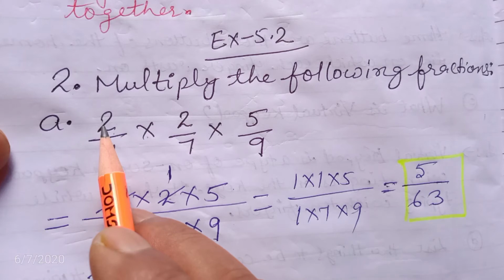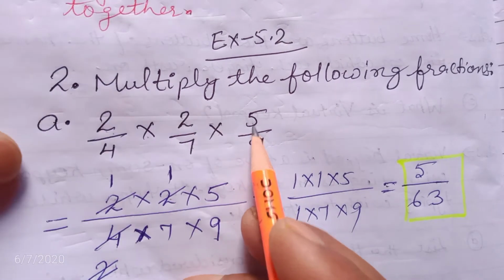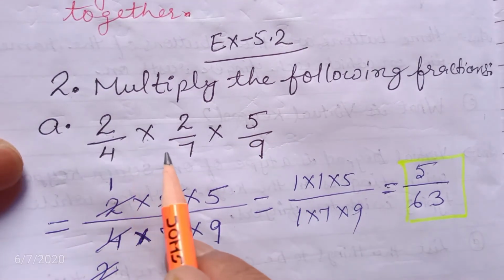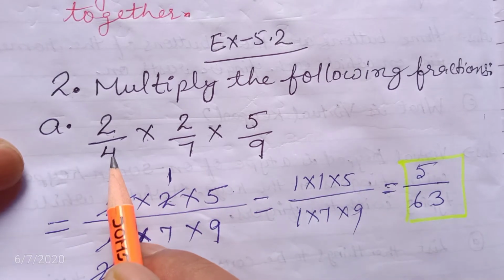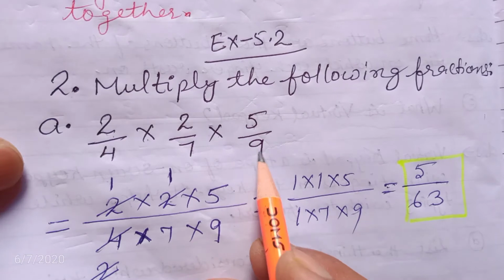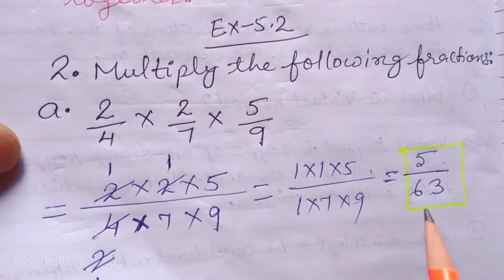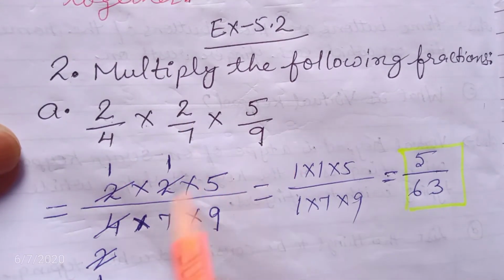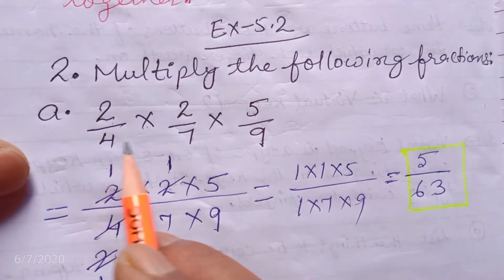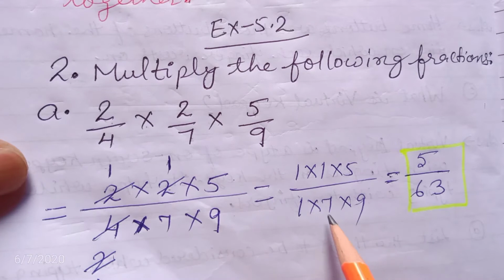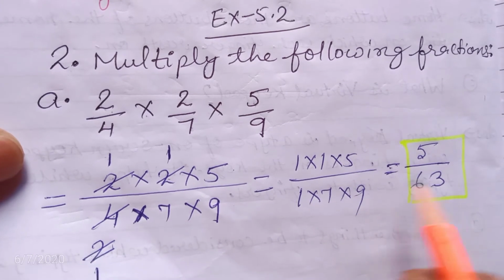We will multiply 2 into 2 into 5, and the denominators are 4, 7 and 9, so we will multiply 4 into 7 into 9 and write it in the denominator. Numerators multiply by numerators and write as the numerator of the product, and denominators multiply by denominators and write as the denominator of the product. This is simple, students.